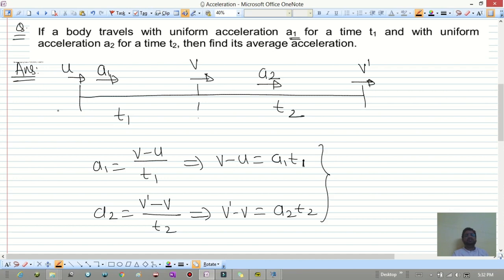Now tell me, what is the average acceleration? By definition, average acceleration is the total change in velocity, that means v dash minus u, divided by the total interval of time. Total time is t1 plus t2.